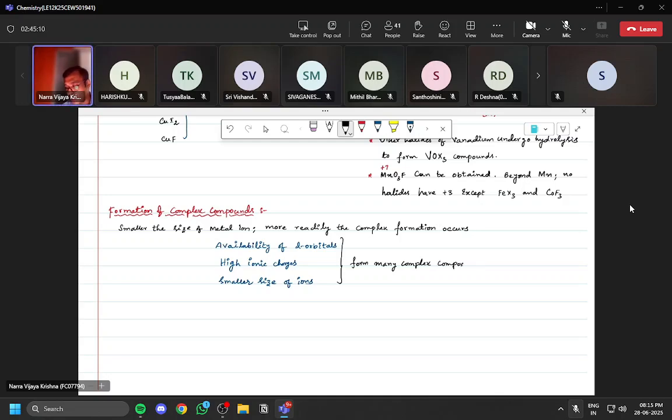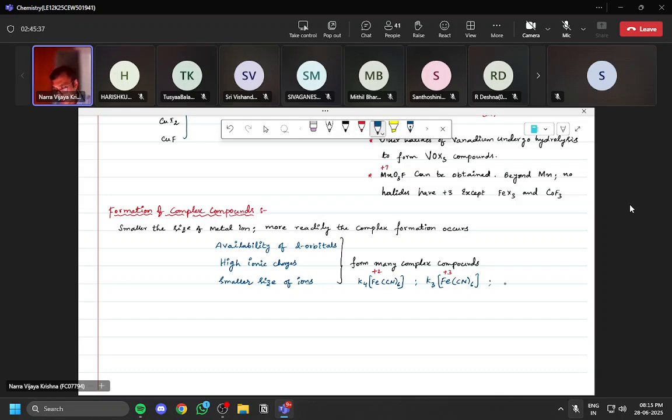Can you give examples of complex compounds? Best example: K4[Fe(CN)6], potassium hexacyanoferrate. Any other example? I will write K3[Fe(CN)6]. Here iron is in the +2 state, and here iron is in the +3 state.